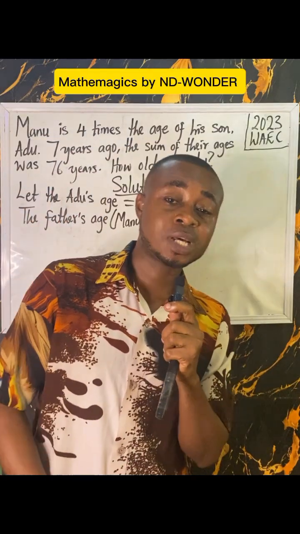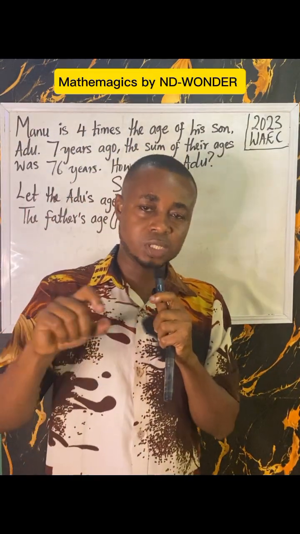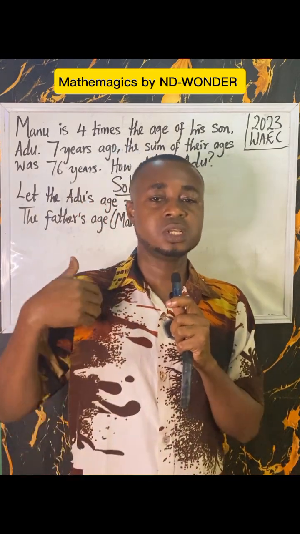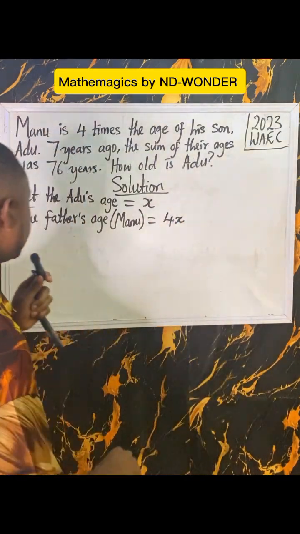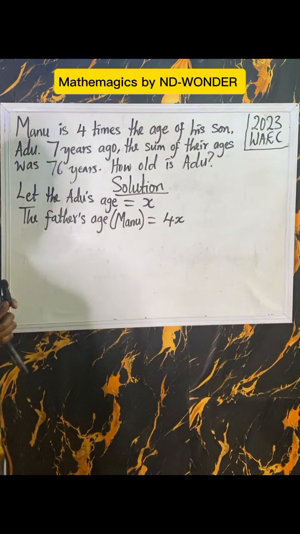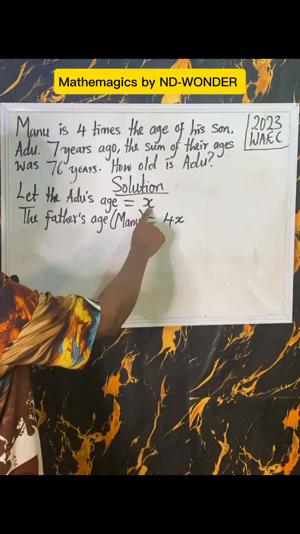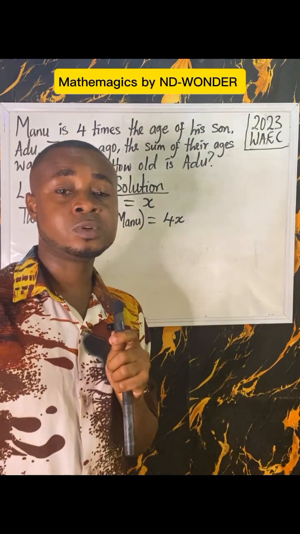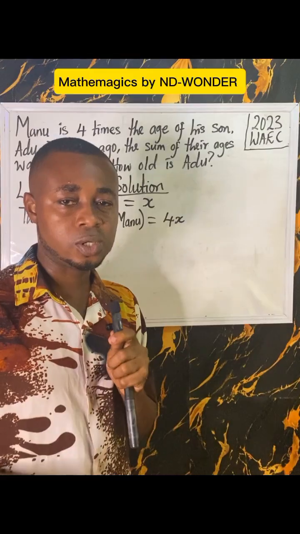Additionally, we are told that 7 years ago, the summation of their ages was 76 years. So that would be important information. At the same time, still take cognizance of the fact that this X is the age of the son. In other words, it's still the current age of the son.